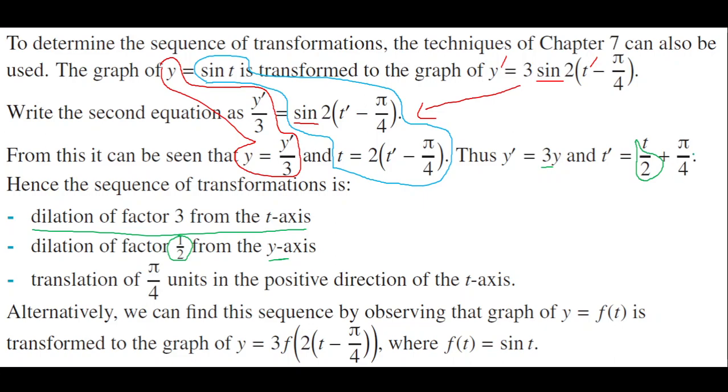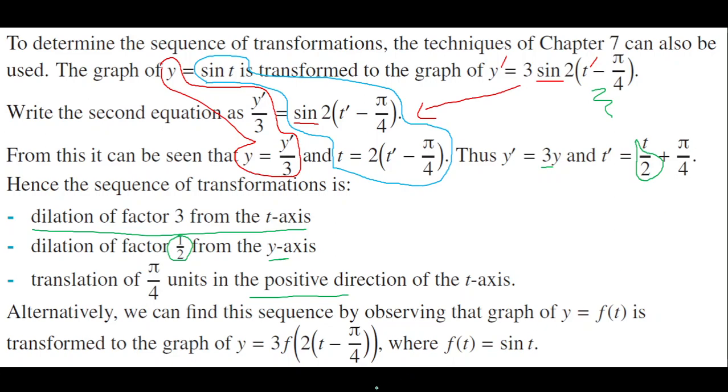And the plus pi on 4 here is a translation of pi on 4 units in the positive direction of the t-axis. So notice it's in the positive direction, but you started with a minus here. But by doing the mapping, it gets transposed to the opposite, and that shows you that it's to the right.